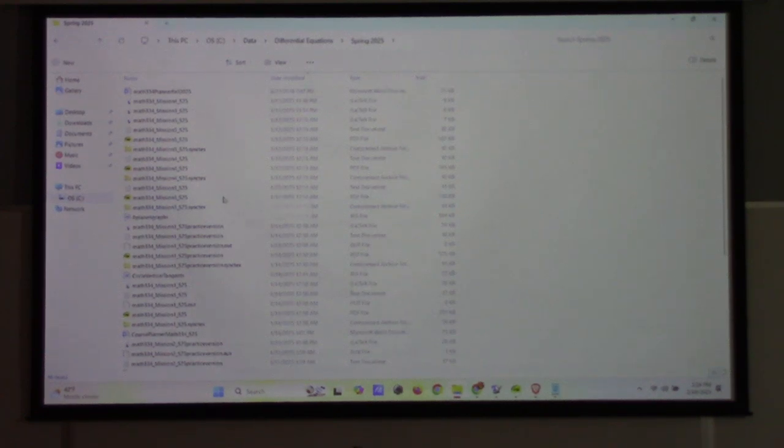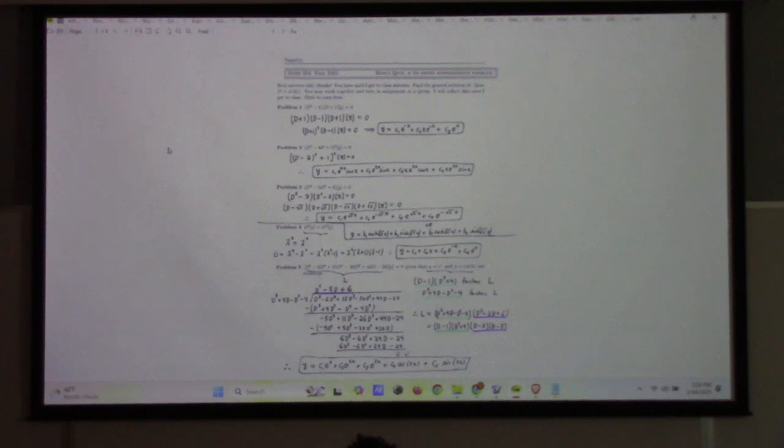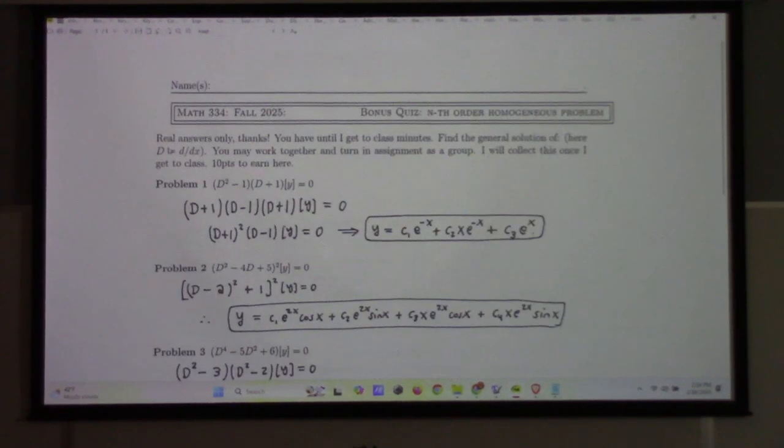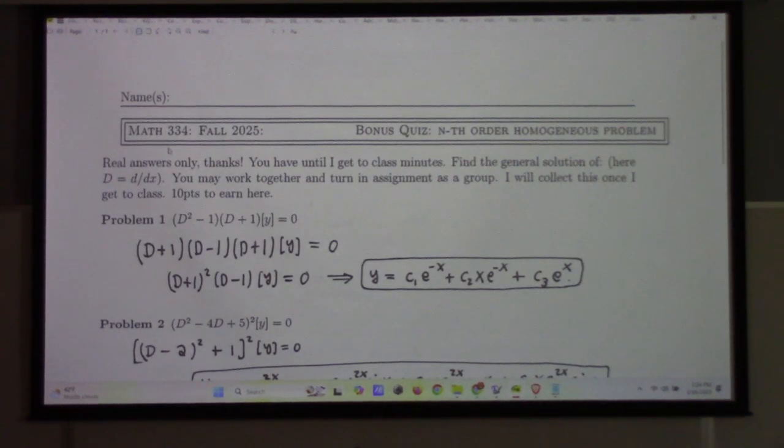So, like, there's a problem on the bonus quiz, and there's also a problem on the mission 2. So nothing especially exciting here, right?